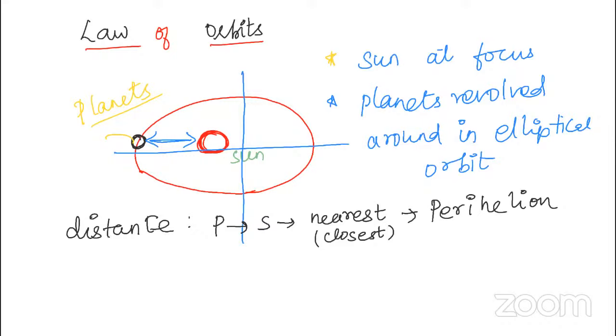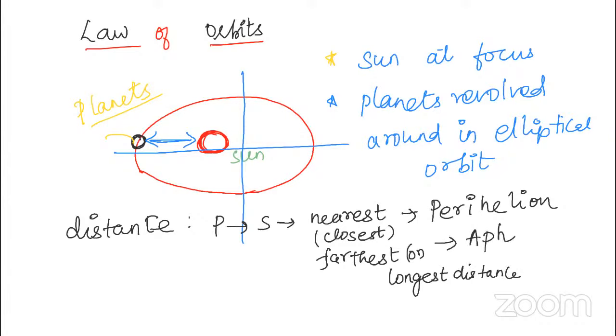Then the furthest distance or longest distance, we call it aphelion. A-P-H-E-L-I-O-N. Aphelion. So based on the distance between the planet and sun, here P represents the planet and S represents the sun.